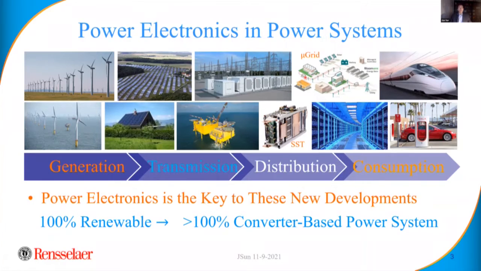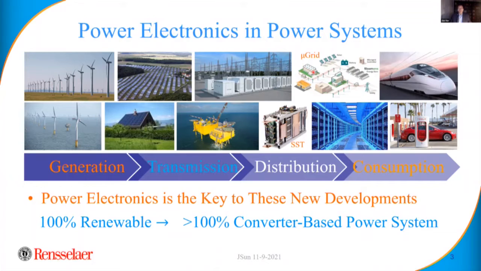If we look at 100% renewable generation, you can argue the power system would be more than 100% converter based, because often the power has to be processed twice for many applications. From wind turbines, type 4 turbines for example, you have a rectifier and inverter.